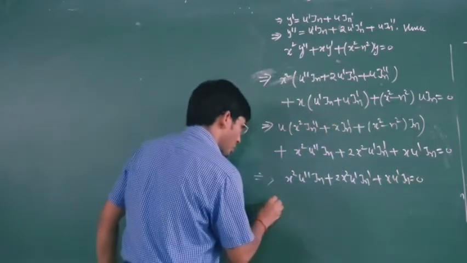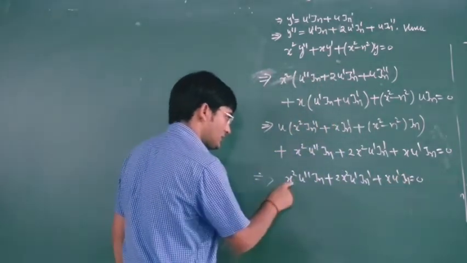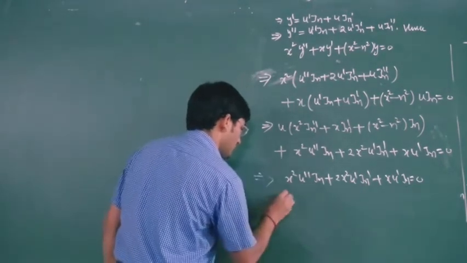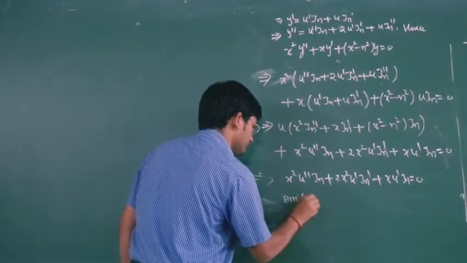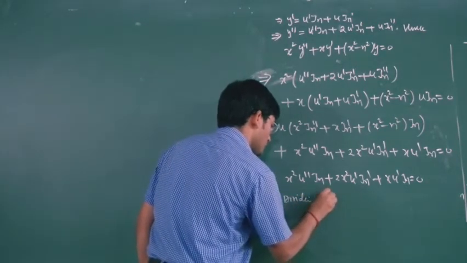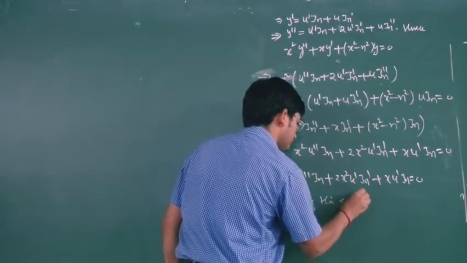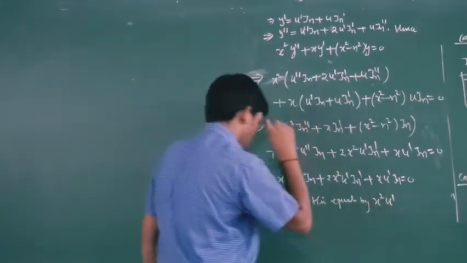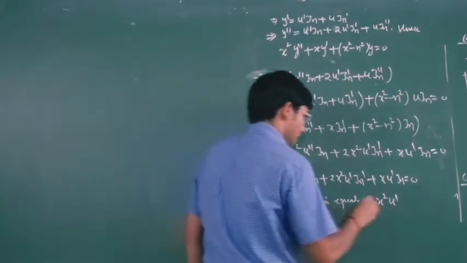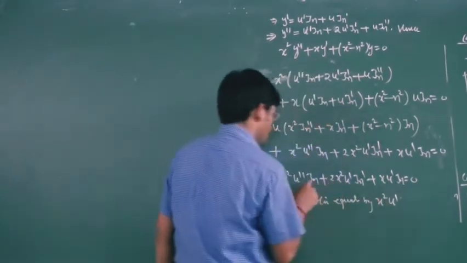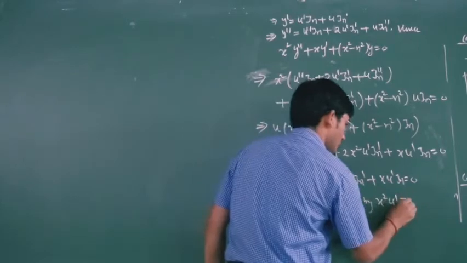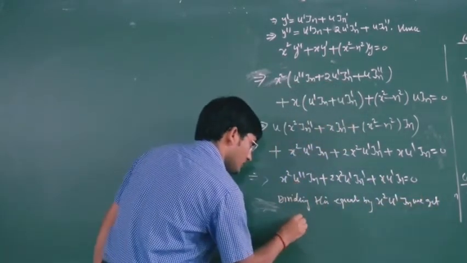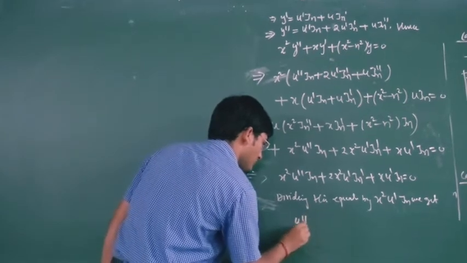Now let us divide this whole equation by x square u dash Jn. We get u double dash divided by u dash.